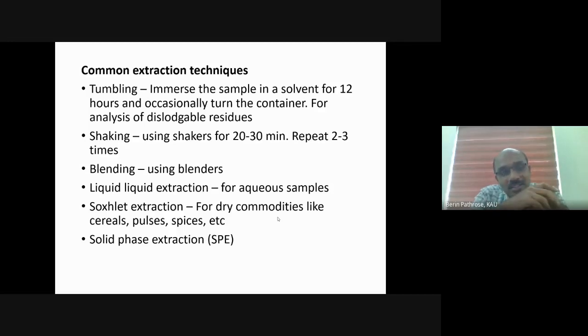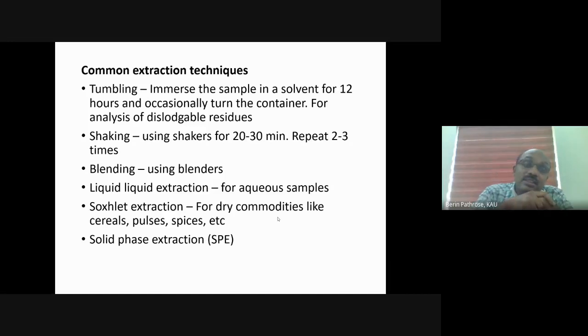So this is called tumbling. By that we will be able to extract the dislodgeable residues. We won't be able to extract bound residues, but we will be able to extract dislodgeable residues, because this tumbling method will help us understand the risk of exposure to farm laborers, because farm laborers are the ones exposed to dislodgeable residues.